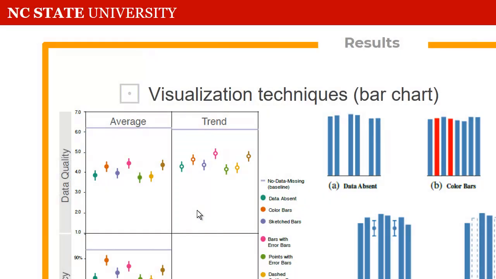And for the bar chart, they also used 1 information removal technique, 1 highlighting, 2 highlighting and 2 error bars, and 2 downplayings. The results also indicate that using error bars and bars with error bars have higher data quality, and there's the same pattern for the trend task.